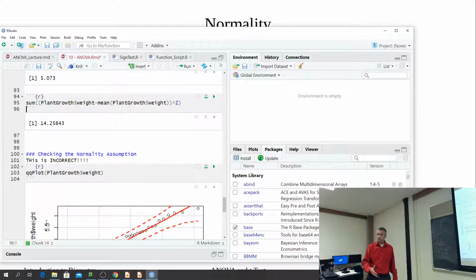So we took each of our data points, subtracted the grand mean, squared it, and then took the sum of that, and that's basically the sum of squares, the sum of the squared deviates. Now we can divide by our degrees of freedom to get our mean squared term. We're not really going to do this by hand because R will do all of this for us. I think we can come back to this, and I can show you where all of these terms came from, if that helps you better understand how it's working.